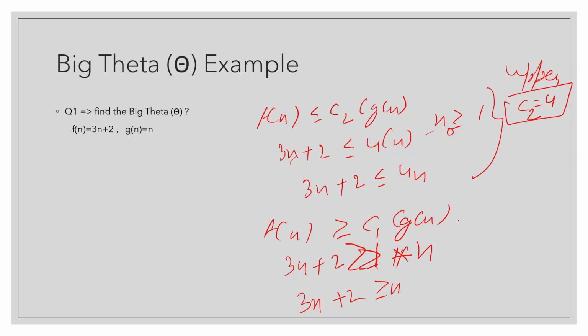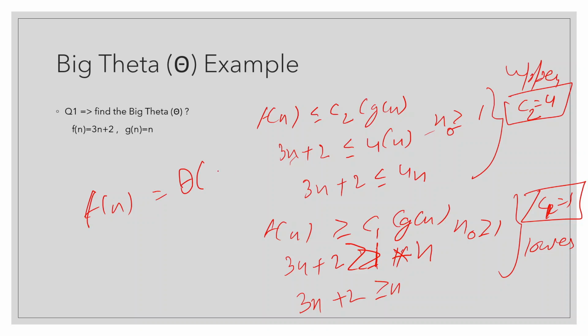The condition is n is greater than or equal to 1, and the c value is to be 1. This is a lower bound, so we can say that yes, it's coming between the range. So we can say that f(n) is theta of g(n).